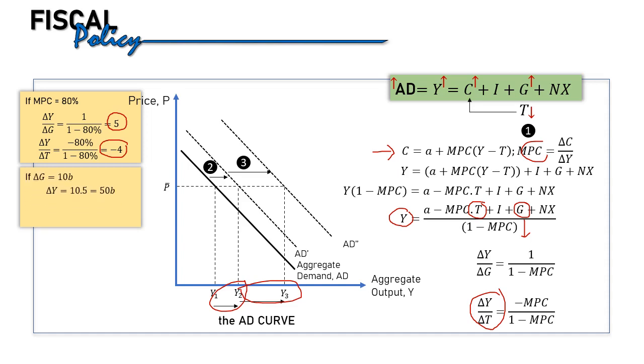So if G, for instance, increases by 10 billion, Y will increase 5 times bigger, which is 50 billion. When T increases by 10 billion, what's going to happen to Y? Y will decrease by 4 times 10, or 40 billion.